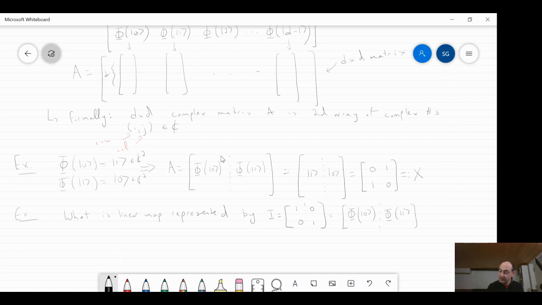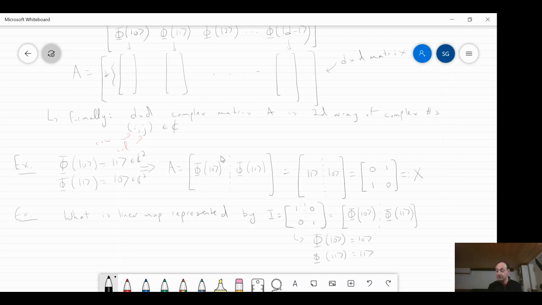So what do we conclude? Phi of 0 is the first column, and that's just ket 0. It hasn't done anything. And likewise, phi of 1 is the second column, and that is still ket 1 by definition.